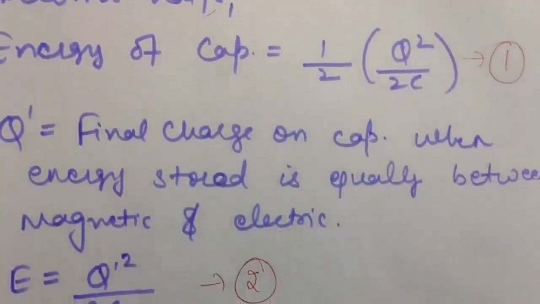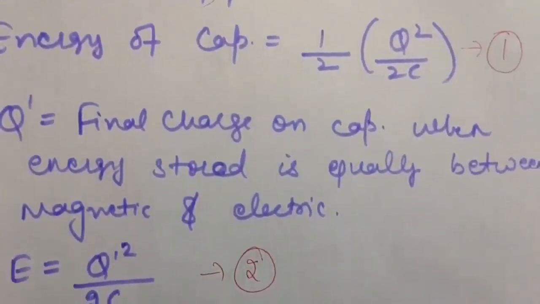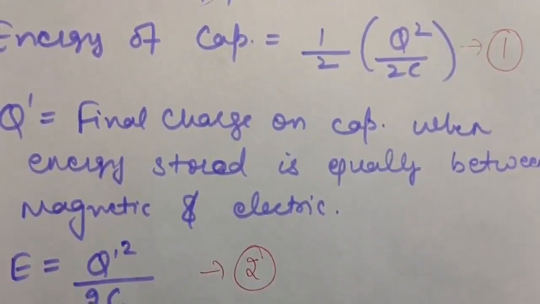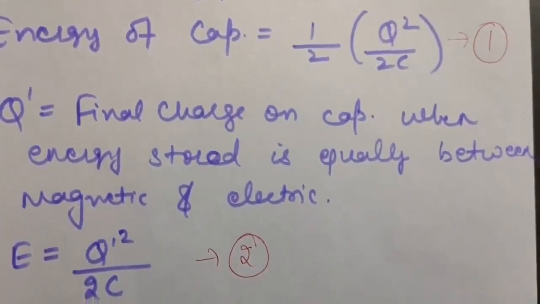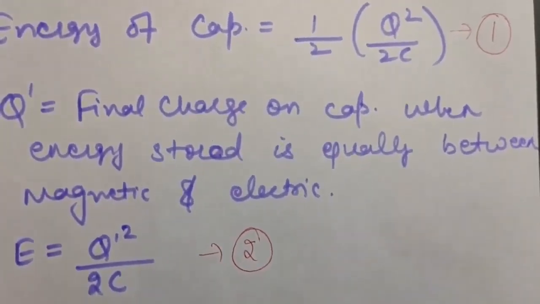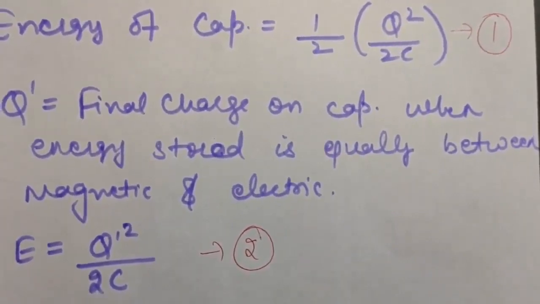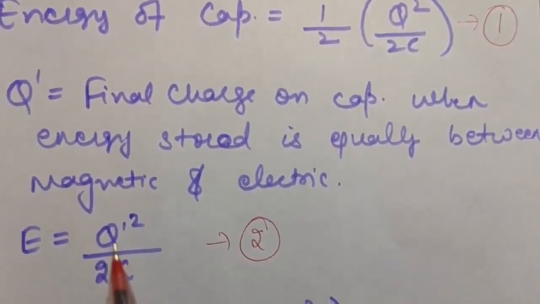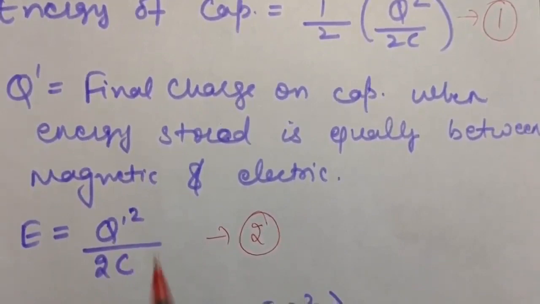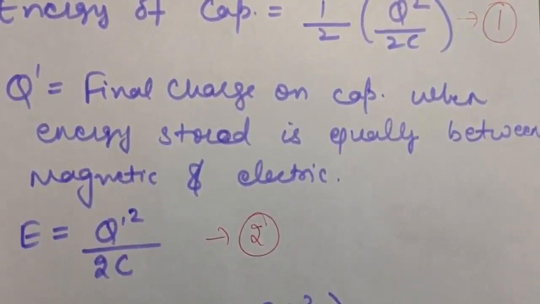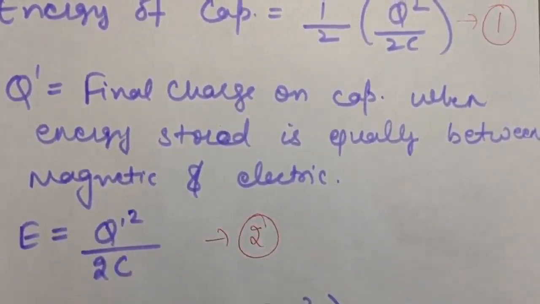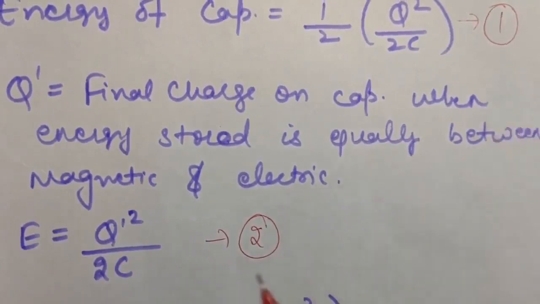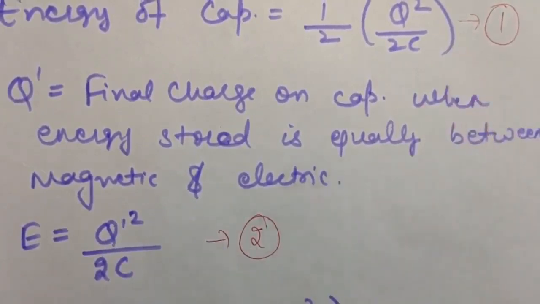Now let us suppose q dash is the final charge on the capacitor when energy stored is equally divided between magnetic and electric. Initially the charge was q as given in the question. So if q dash is the charge, then the energy on the capacitor will be q dash square upon 2c. This is the final energy when the energy has been distributed into two parts. Mark it second point. Both the first and second points are the energy stored in the capacitor when the energy is equally distributed.